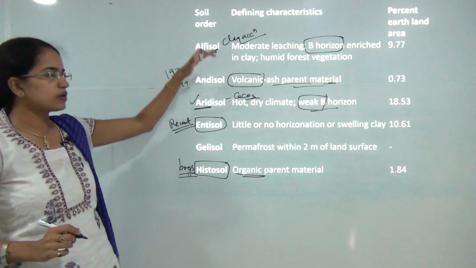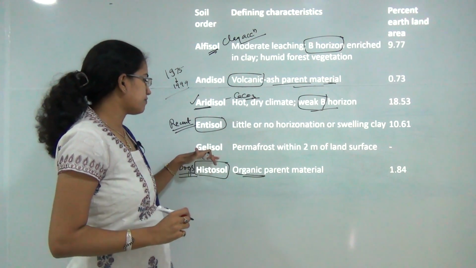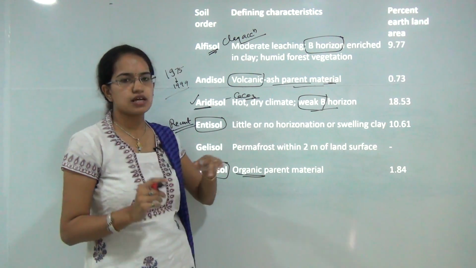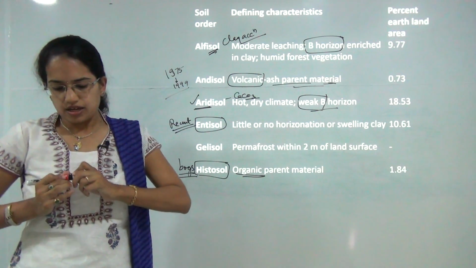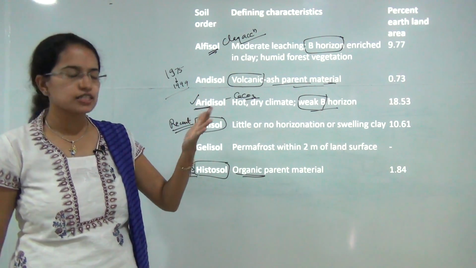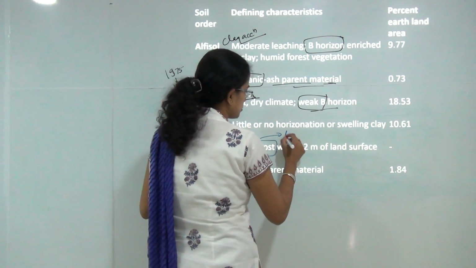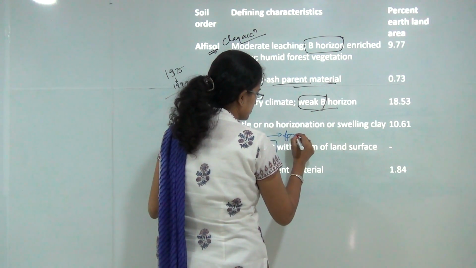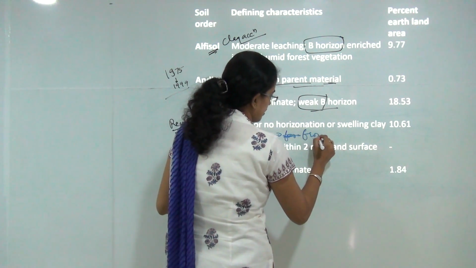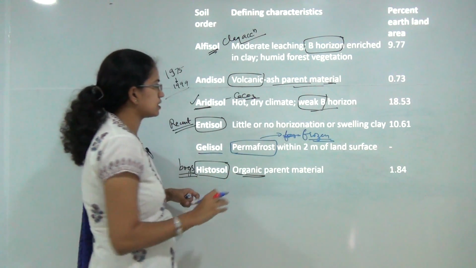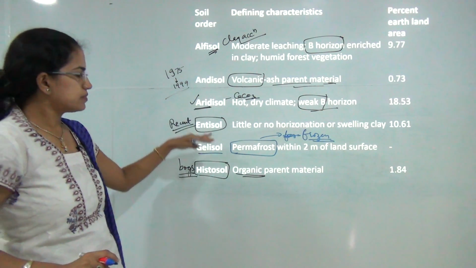We have talked about the various horizonations, and finally Gelisols, which are found in high altitude and polar areas. So it's the region with permafrost, or frozen region for most of the period. These are the 6 soils.